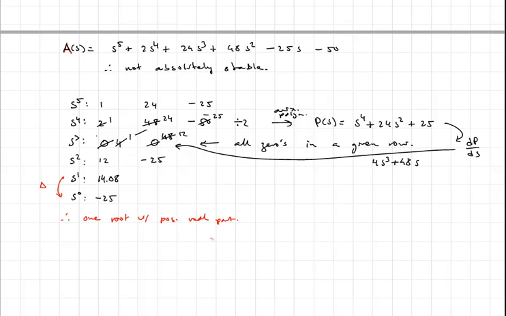Okay. Interestingly, we can actually find the roots of the auxiliary polynomial. So we can write this as s squared plus 24, s squared minus 25.